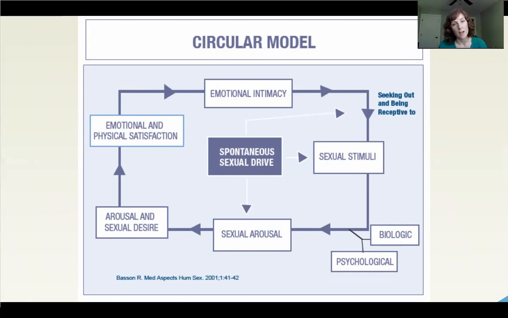So that's a lot about the psychological. And it also has a very connected relational social component. So this is just an example of the application of a biopsychosocial model towards female sexuality.